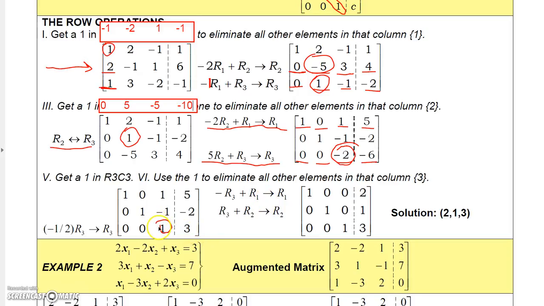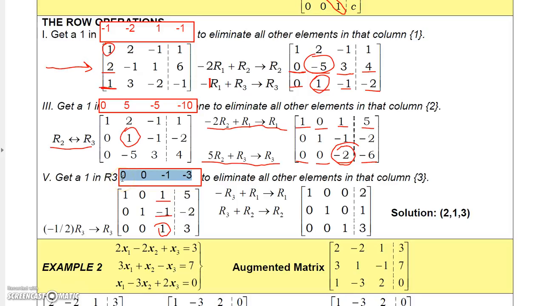So now I want to use this 1 to eliminate the 1 in this row and the negative 1 in this row. Well, to eliminate this 1, I need to multiply everything in row 3 by negative 1. So if you look up here, you'll see this is what I'll get if I multiply everything in row 3 by negative 1.